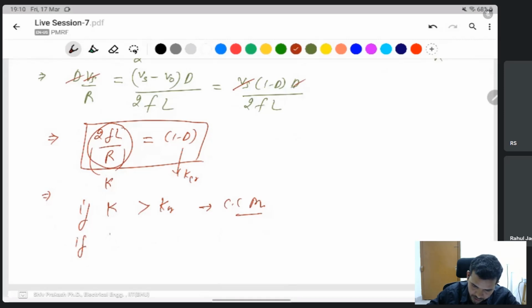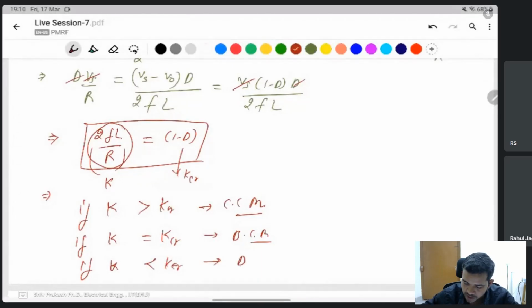If K is the same as 1 minus D, it is the boundary condition, the critical condition mode. If K is less than Kc, the critical K, it is denoted as discontinuous conduction of a buck converter. This is different for different converters; for a buck converter it is 1 minus D. Resistance, inductance and frequency mostly affect continuous or discontinuous conduction.